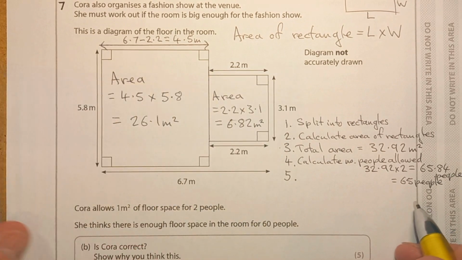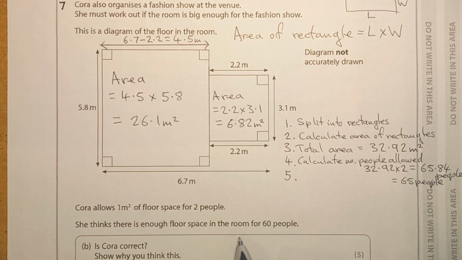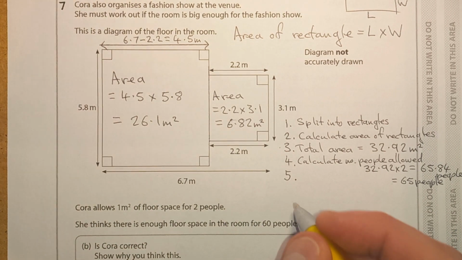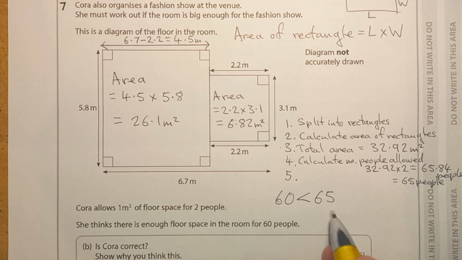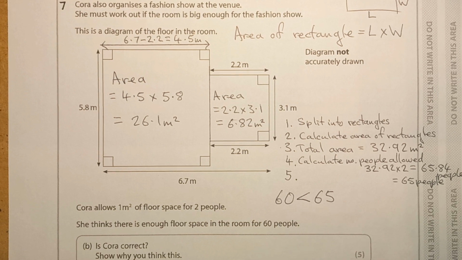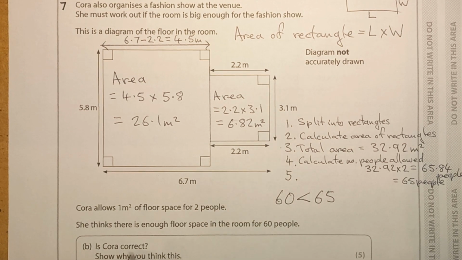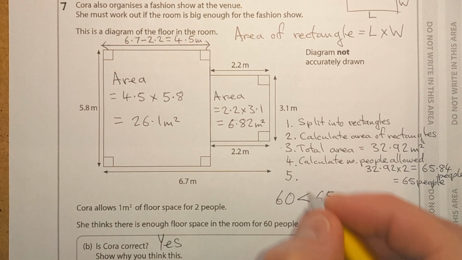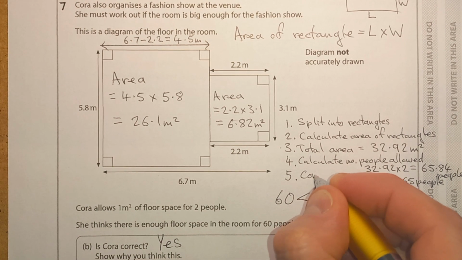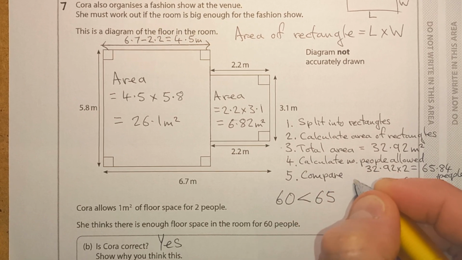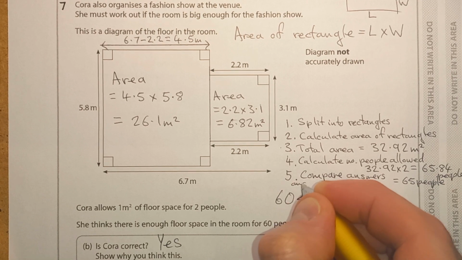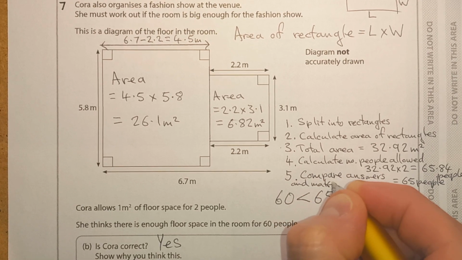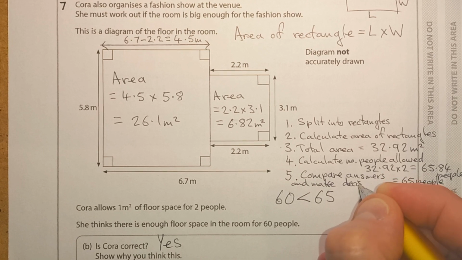But even so, Cora thinks there's enough space for 60 people. Well, 60 is less than 65, so if there's enough space for 65, then there's definitely enough space for 60. So is Cora correct? Yes. And that's our last step: compare answers and make a decision.